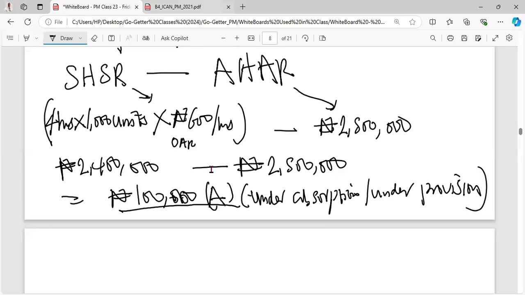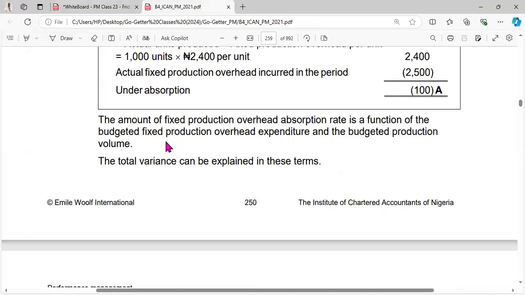Now the amount of fixed overhead absorption rate is a function of the budgeted fixed production overhead expenditure and the budgeted production volume. So you see, expenditure and volume.